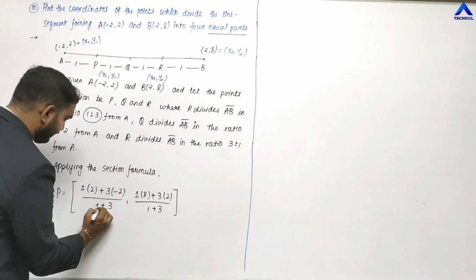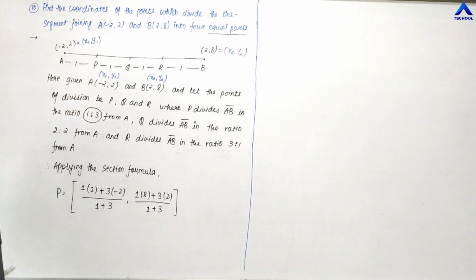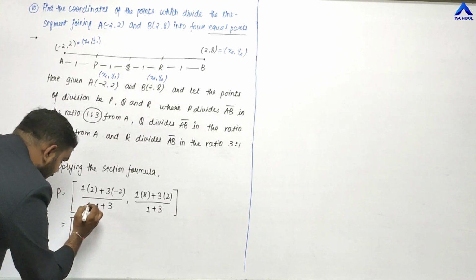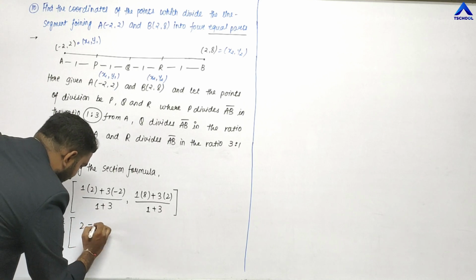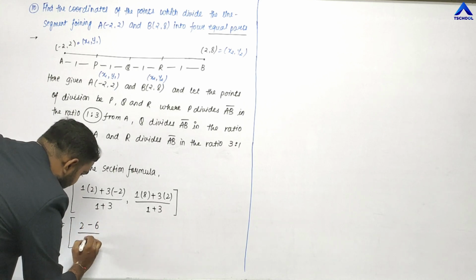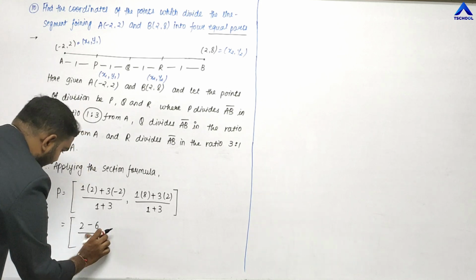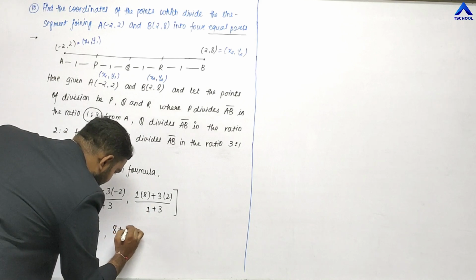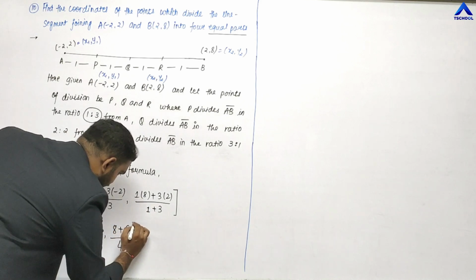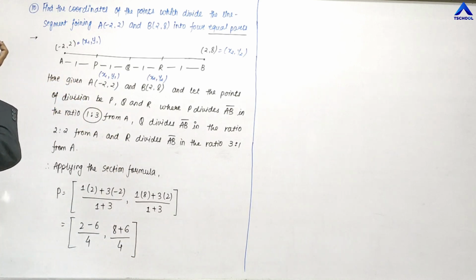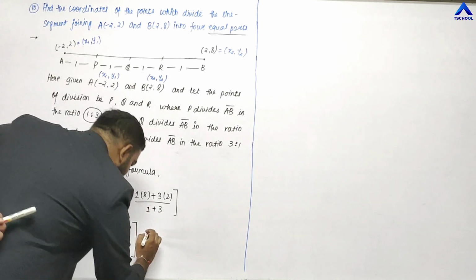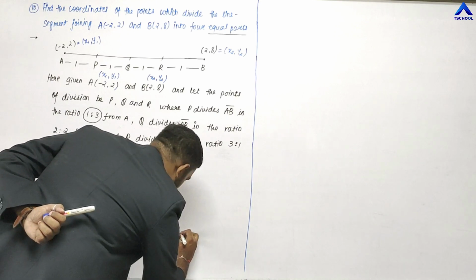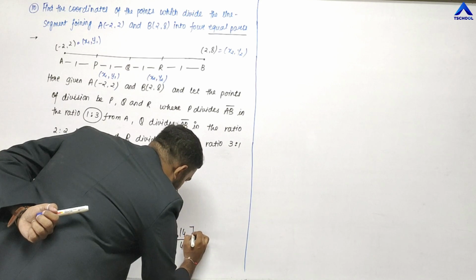So we are having this formula here with the values put. Let us simplify. That is equal to 2 into 1 is 2, 3 into -2 is -6, upon 4, comma 8 plus 3 into 2 is 6, upon 4. Simplifying this, we will get -4 upon 4 comma 14 upon 4.